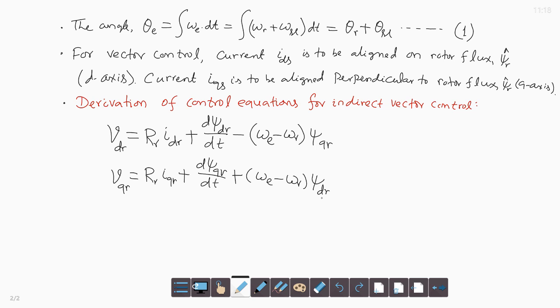For motor operation, the rotor winding is closed, so VDR and VQR are 0.